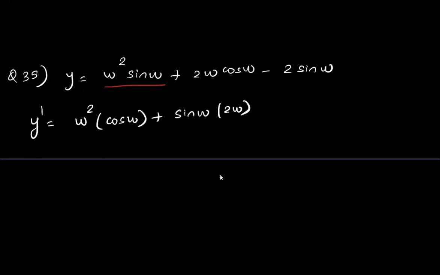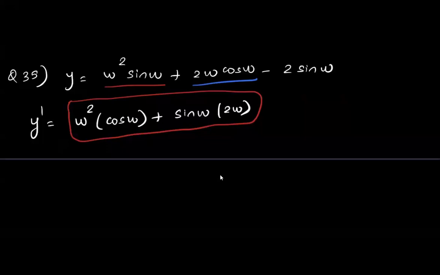Now all of this is the derivative of the first term. Now the second term is this. So what is the derivative of that? So plus, okay, 2w negative sine w plus cosine w times 2.